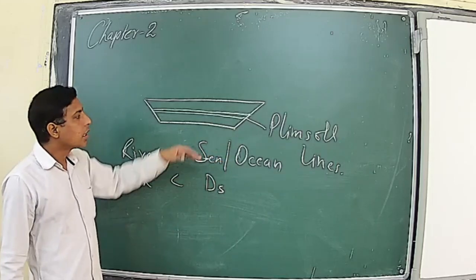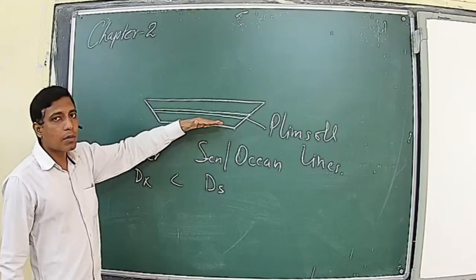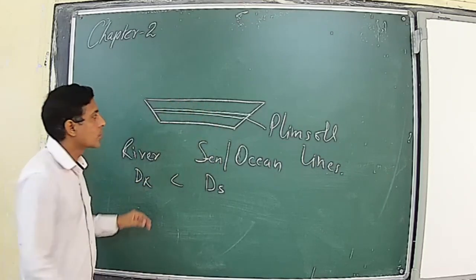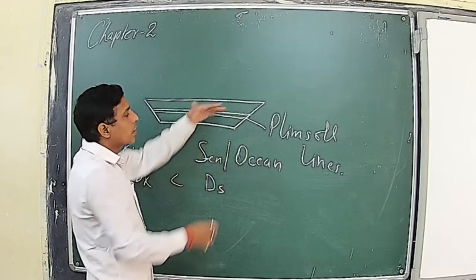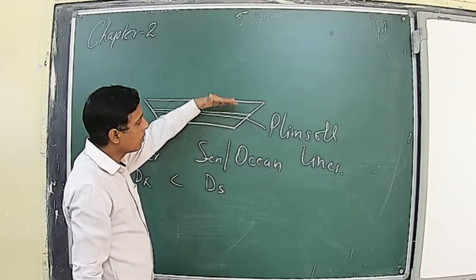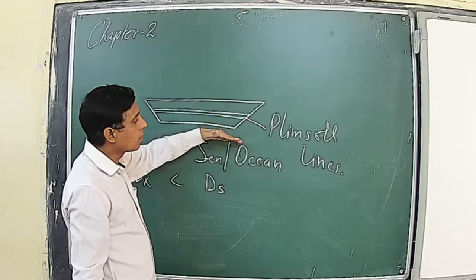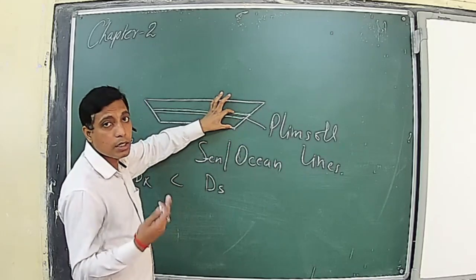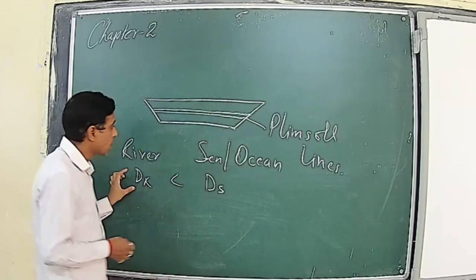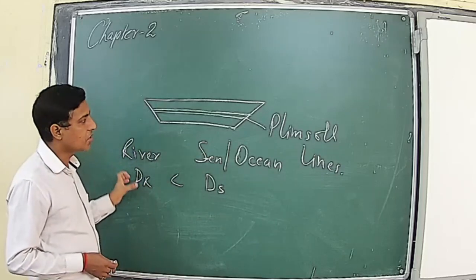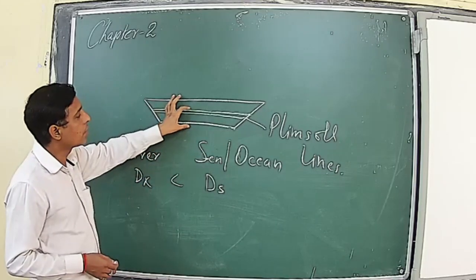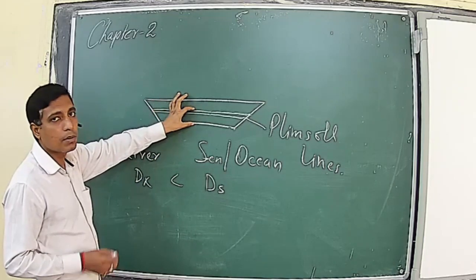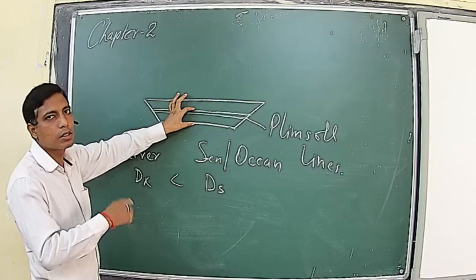It means in an ocean, the same ship can be submerged up to more depth as compared to river water. So the upper line will show the depth up to which we can load the ship in sea water, so that even if it is under this much depth, we can avoid the chances of sinking. But river water is plain water, its density is less, so the loading can be done only up to a particular limit, which is less than the loading in the case of ocean or sea water.